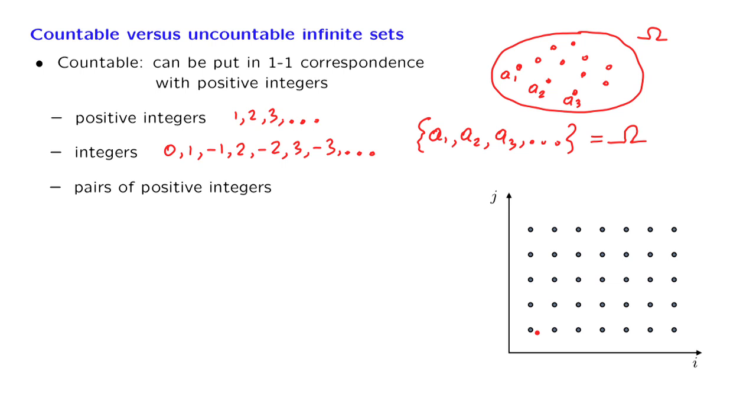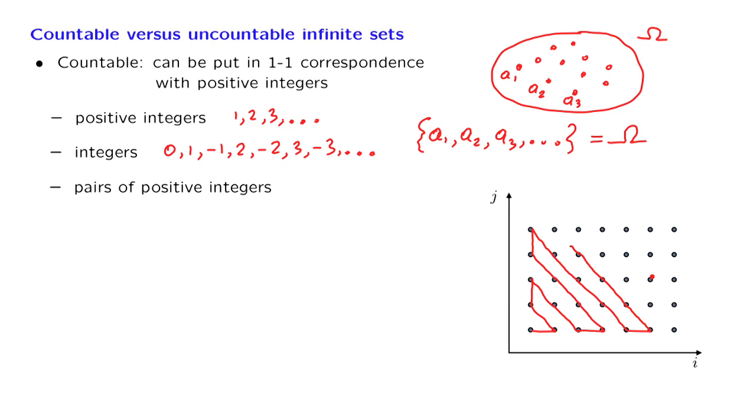It turns out that we can, and we can do it by tracing a path of this kind. So you can probably get the sense of how this path is going, and by continuing this way over and over, we're going to cover the entire set of all pairs of positive integers.